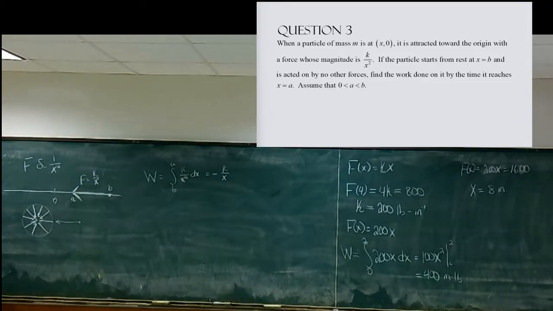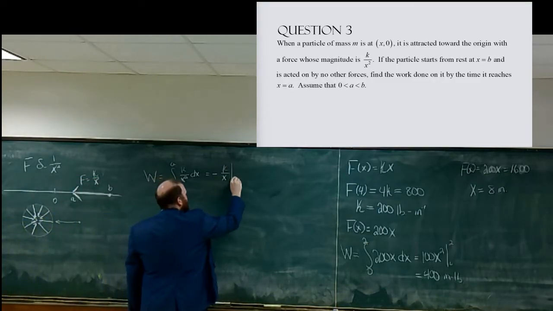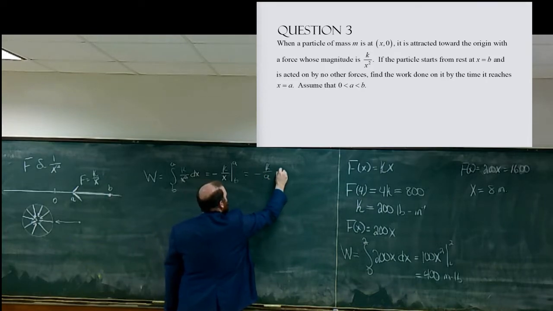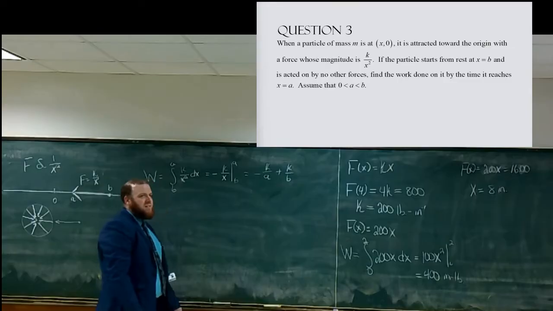Oh, because it's a negative one coming out. Yeah. That gets evaluated from b to a, right? So we're going to get negative k over a plus k over b.